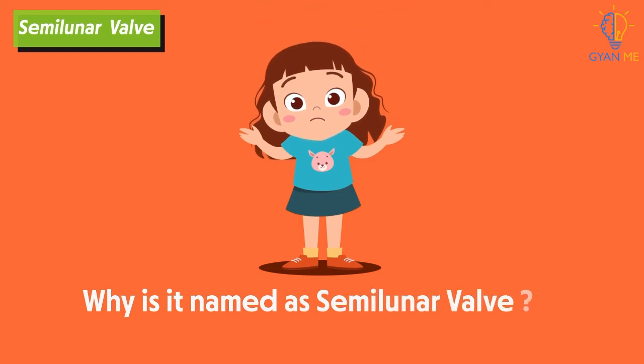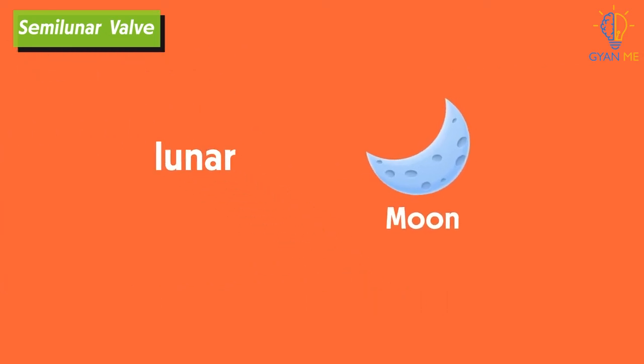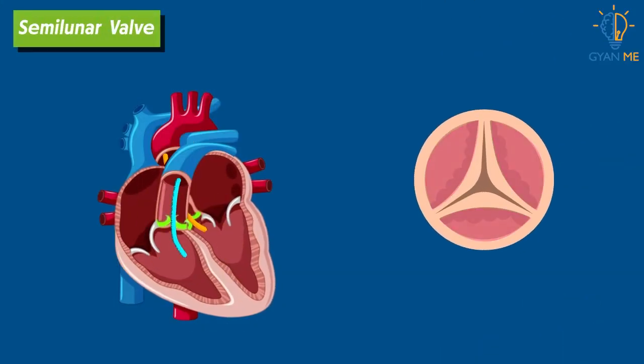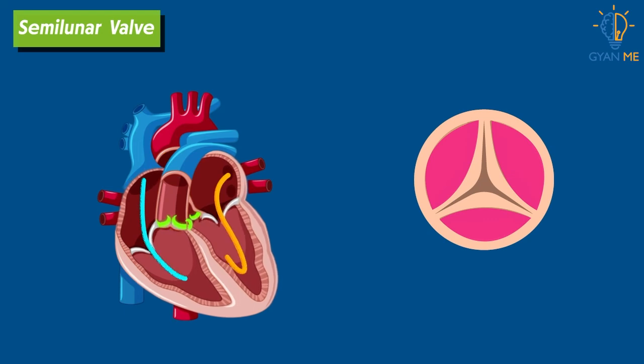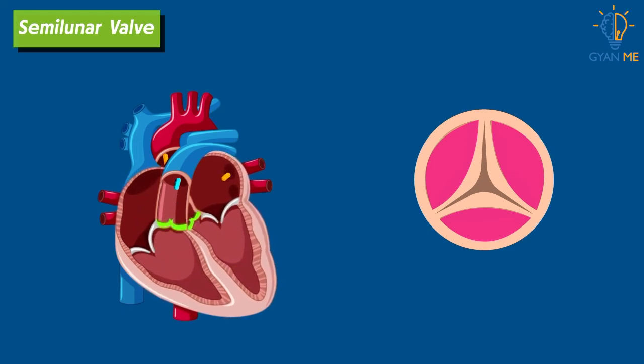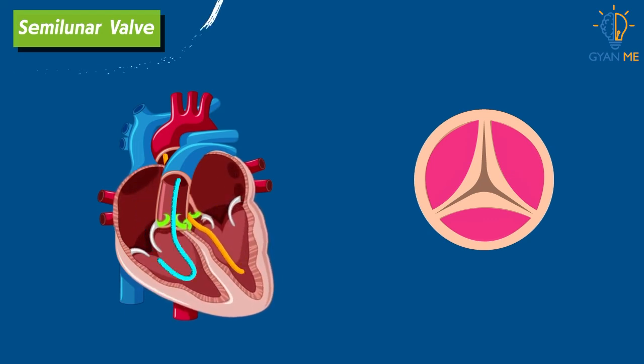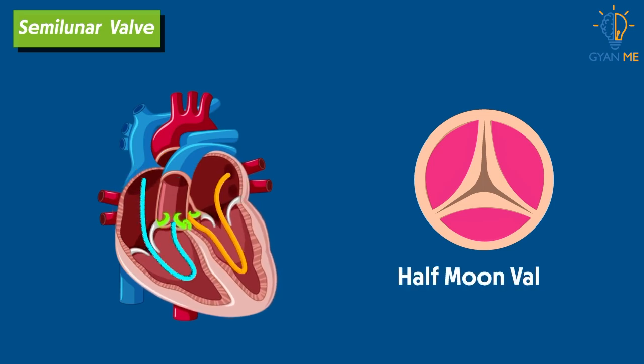Take a pause, and if you think for a second, you'll get to know that lunar has something to do with moon. Yes, you're right. Each semilunar valve is made up of three half-moon-shaped flaps. Hence, its name is derived from its shape and called semilunar valves, meaning half-moon valve.